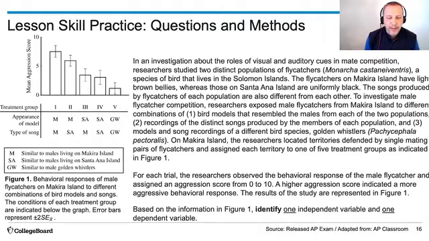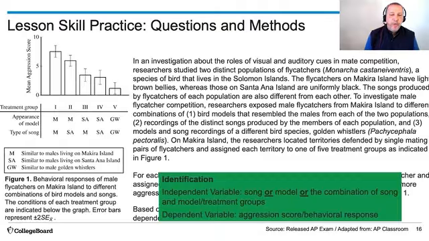Push play when you've done that. Welcome back. Based on the information in figure 1, you were supposed to identify one independent variable and one dependent variable. You should have come up with, for the independent variable, a song or model, or a combination of song and model treatment groups. For the dependent variable, you should have come up with the aggression score or behavioral response.